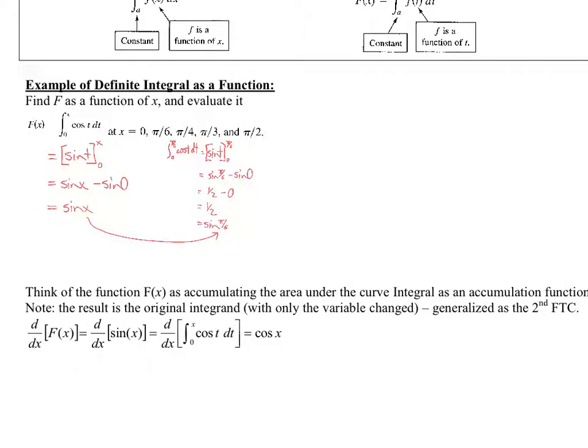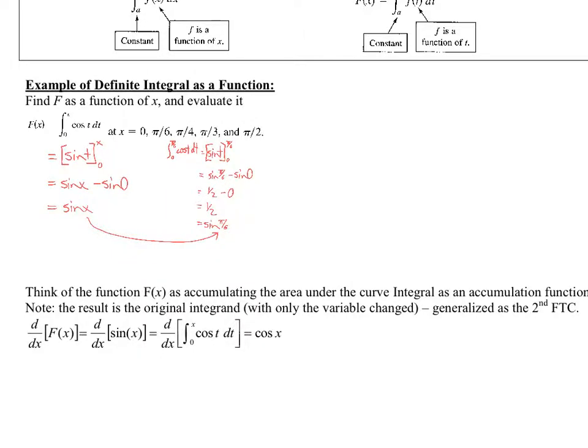In this case, the antiderivative was sine of x. What's the derivative of sine of x? It's cosine of x. So basically, it's again using that inverse relationship of the derivative and the integral.